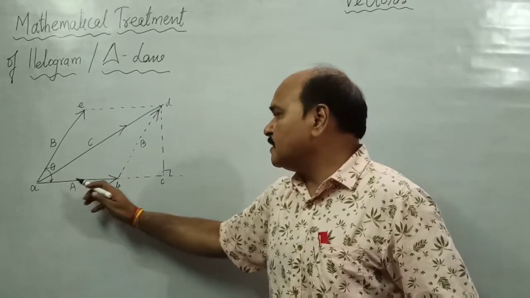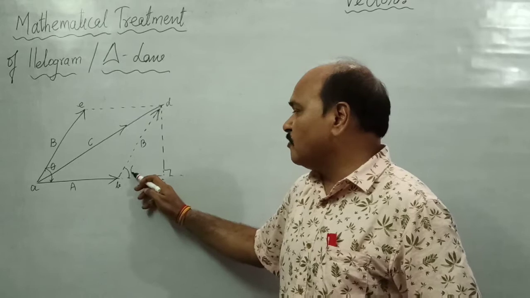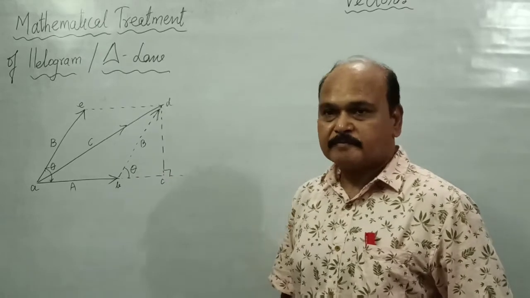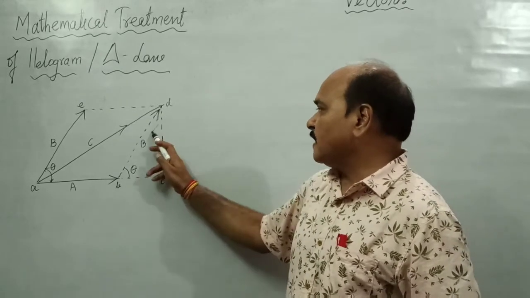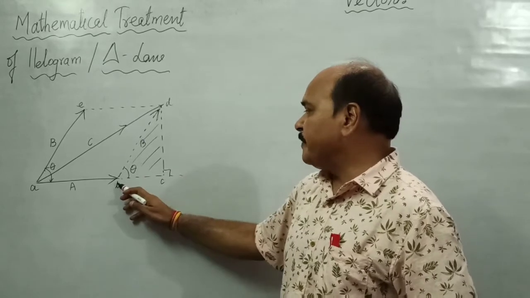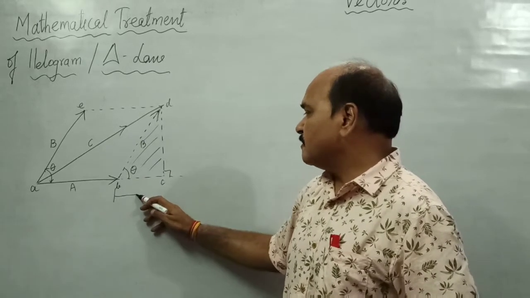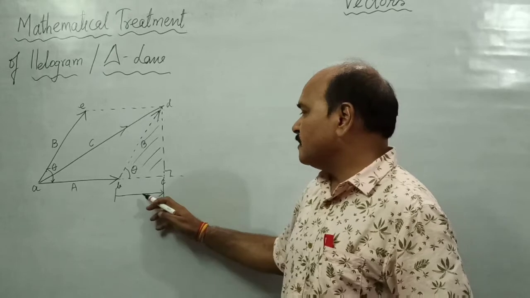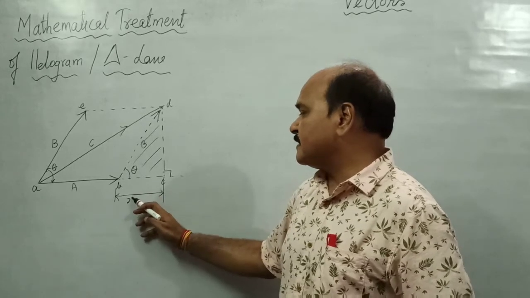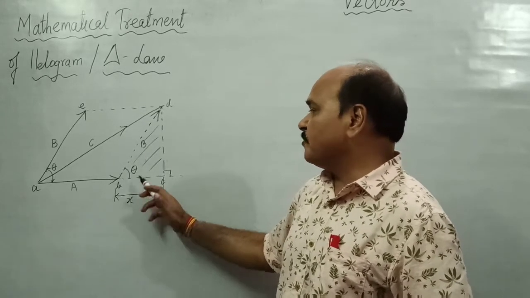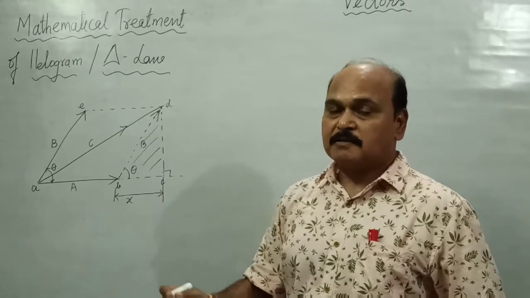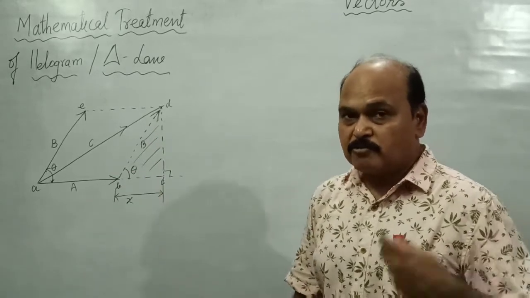This is angle theta, therefore this angle is also going to be theta. Now in this right angle triangle, what is the base BC? This base BC is x, and this x is going to be B cos theta. We have already studied resolution of vectors.